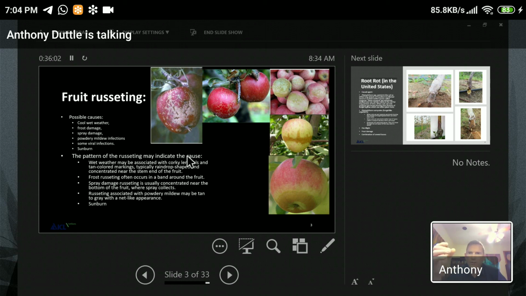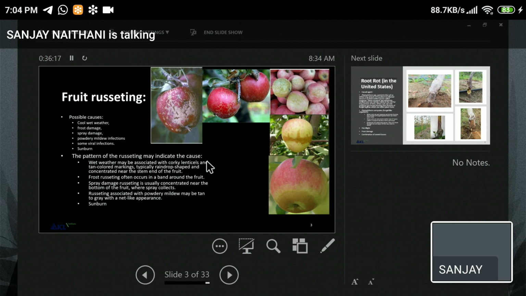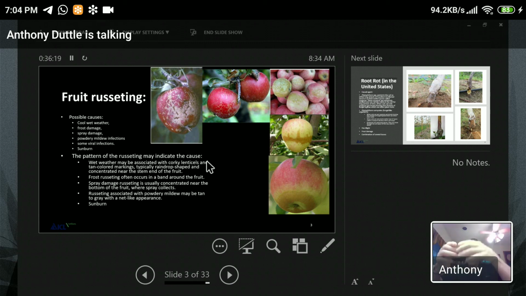The cell tissue and the epidermis on the plant tends to be very thin. What happens is when you spray it with a spray rig and that fruit runs down, the chemical sprays run down and concentrate on the bottom of the fruit. That's when that happens.